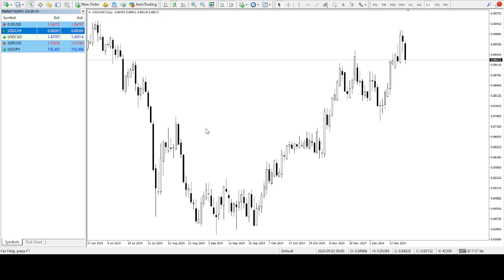So of course, CHF is not a potential currency to trade against the dollar in case we are going to sell the US dollar. All right, so that's why fundamental analysis is necessary, and we shouldn't only believe in technicals.